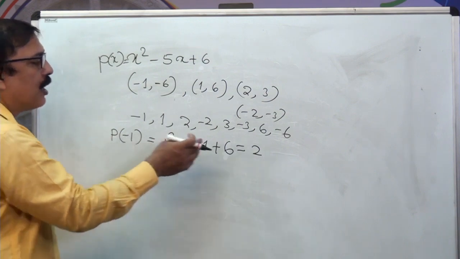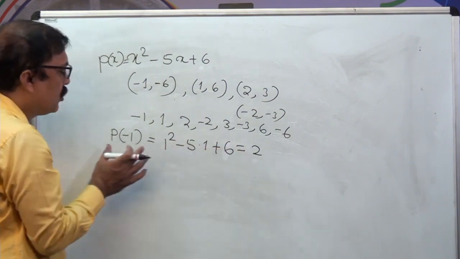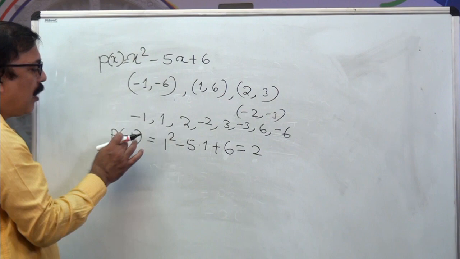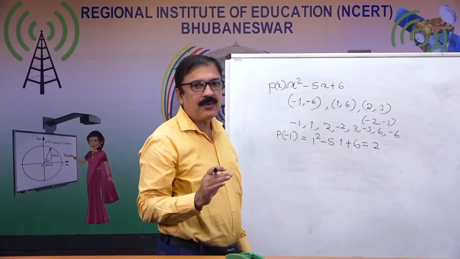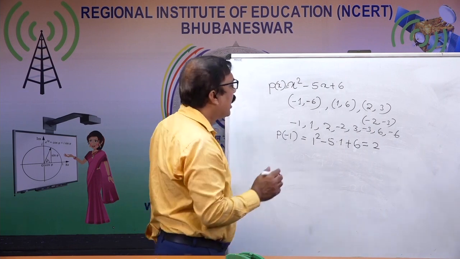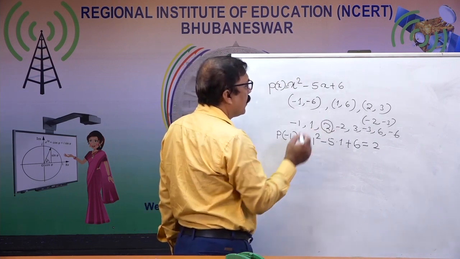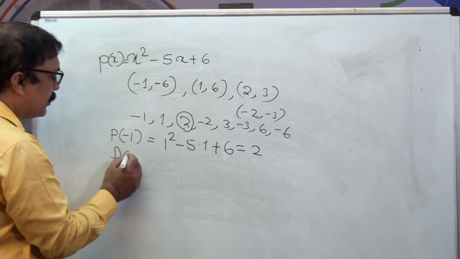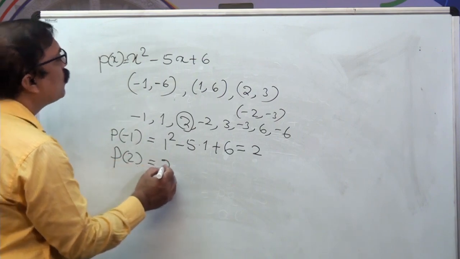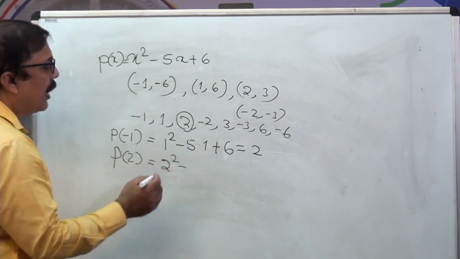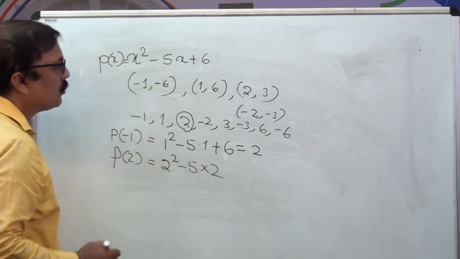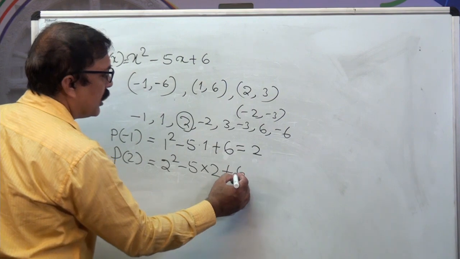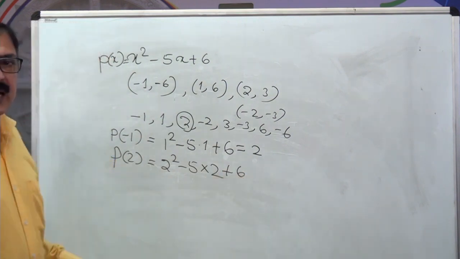So p(minus 1) is non-zero, so this cannot be a factor x minus of minus 1, that means x plus 1 cannot be a factor. Now let's try with 2. p(2) gives 2 square minus 5 into 2 plus 6. From this what do we get?